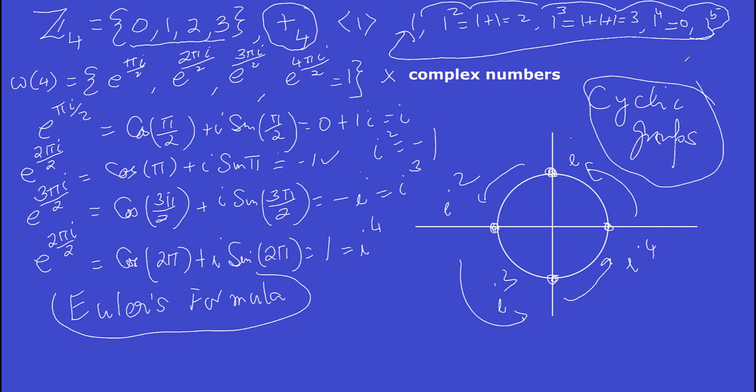Even though here the operation is addition and here the operation is multiplication of complex numbers, we can define a correspondence between these two groups and see that all the properties of the elements are preserved under that correspondence.